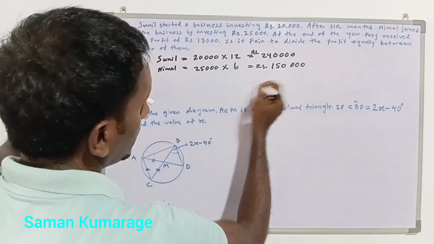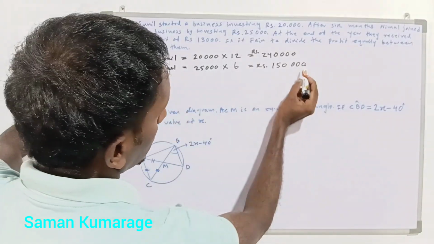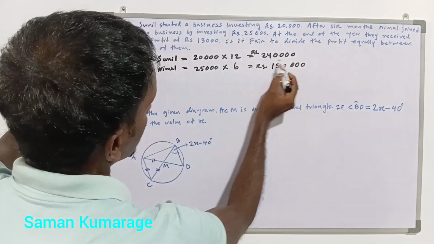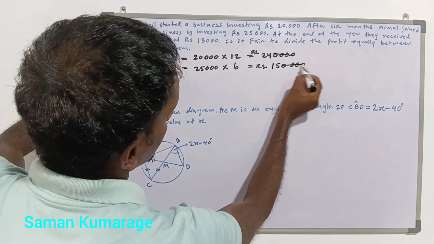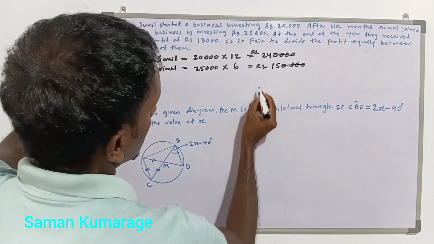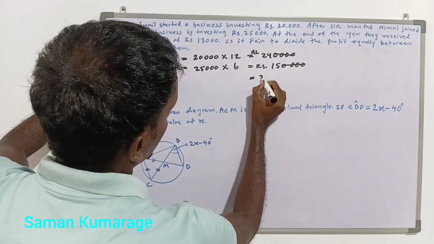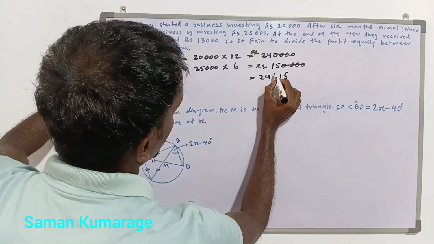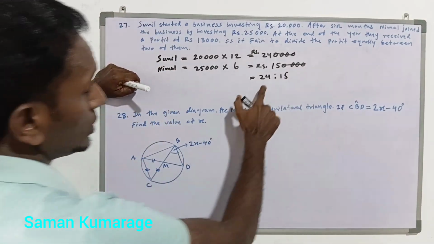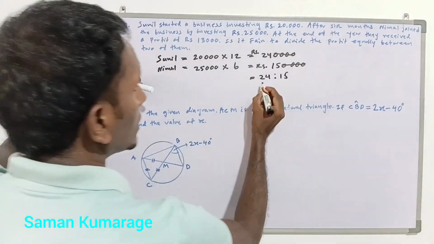So we can cancel out these four zeros, and then we have 24 and 15, 24 to 15.